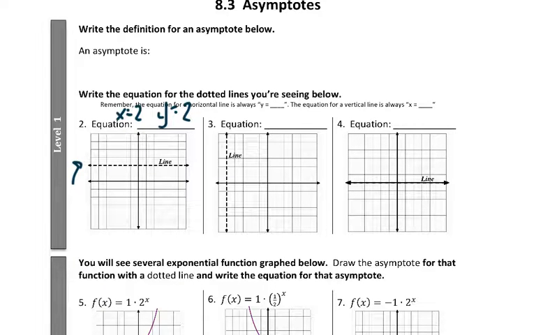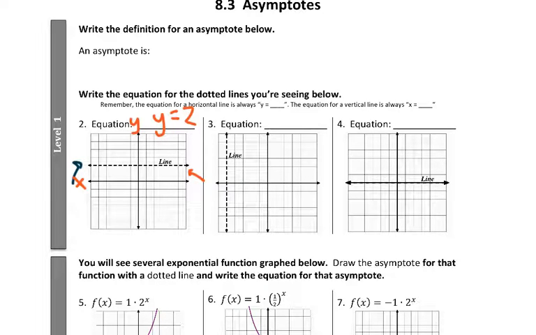If you can remember, this is the best way that I have to teach it. This right here is the y-axis, this is the x-axis. Since our dotted line is crossing the y-axis at 2, it's going to be y equals 2. We're crossing the y-axis at 2, so we know that y is 2.